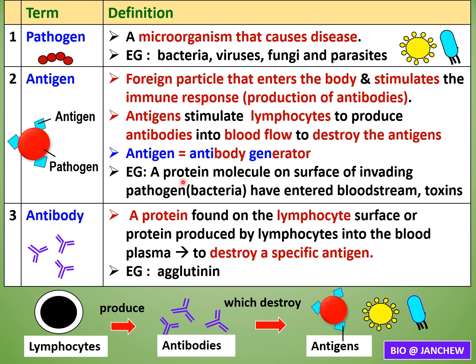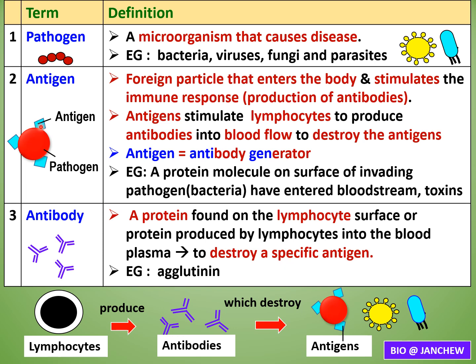Examples of antigens: protein molecules on the surface of invading pathogens such as bacteria that have entered the bloodstream, and toxins. Let's refer to this picture. This picture shows you a pathogen here, such as bacteria or even a virus. On the surface of the pathogen or the microorganism, there may be protein molecules.